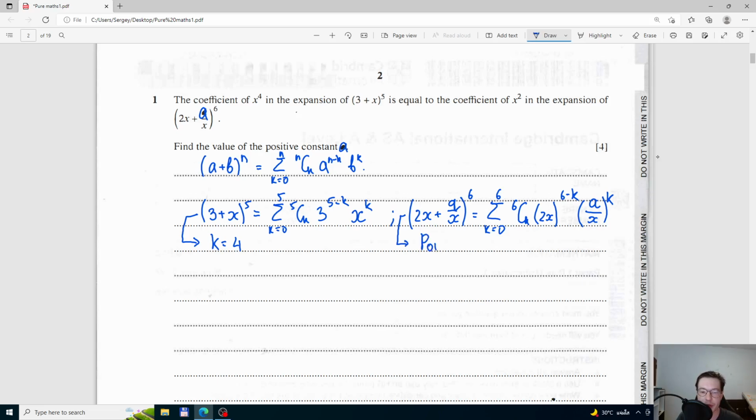So that's a bit more complicated, and we'll have to look at the power of x in the expansion. The first bracket, (2x)^(6-k), will give us x to the power of 6 minus k. Now the second bracket, because we have x at the bottom, will give us minus k. And if we simplify that, that will be 6 minus 2k.